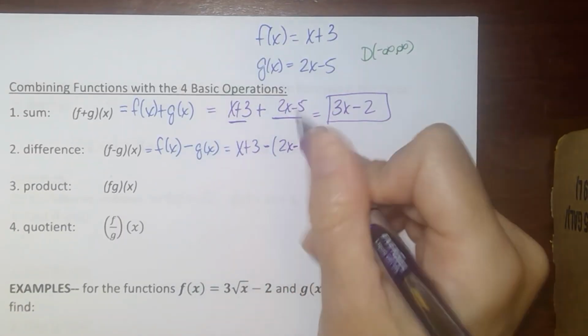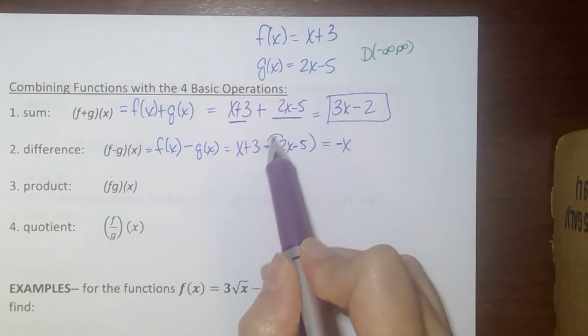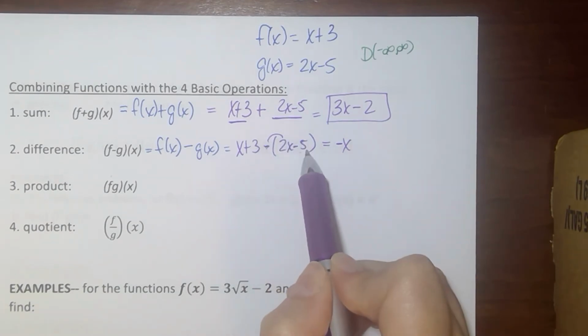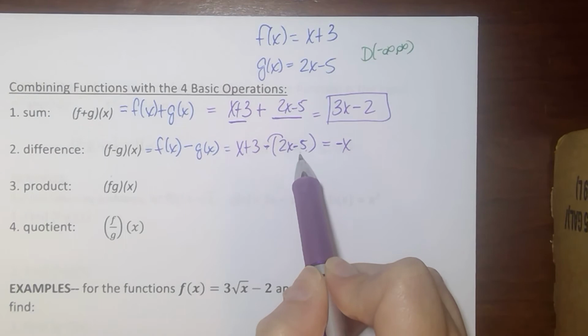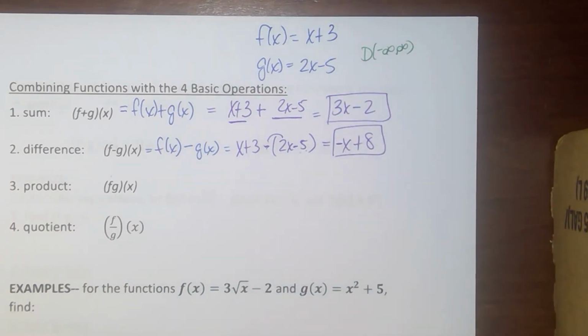So x minus 2x is a negative x, and this negative minus 5 becomes a plus 5, so I have a positive 3 and a positive 5, for negative x plus 8. Again, a linear function still has all real numbers as its domain.